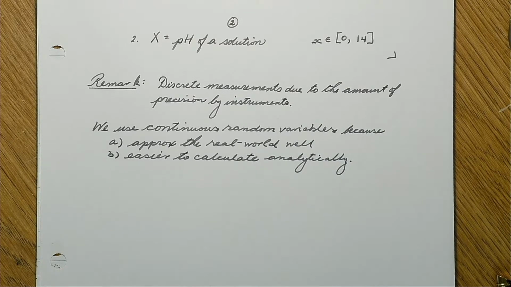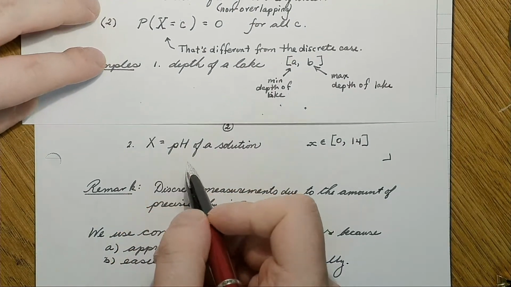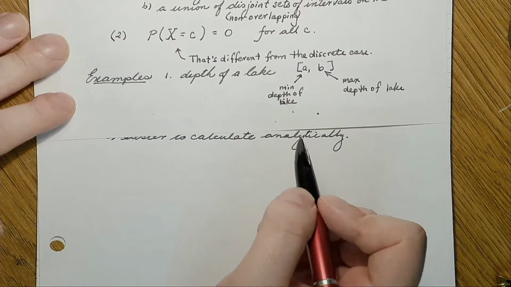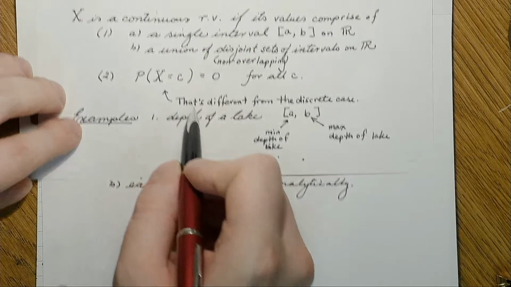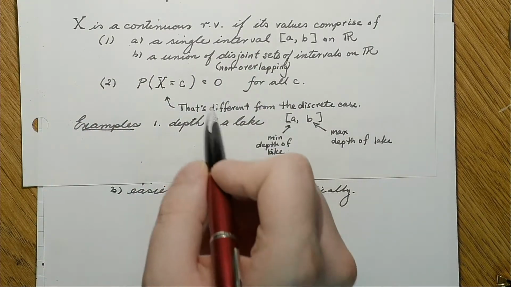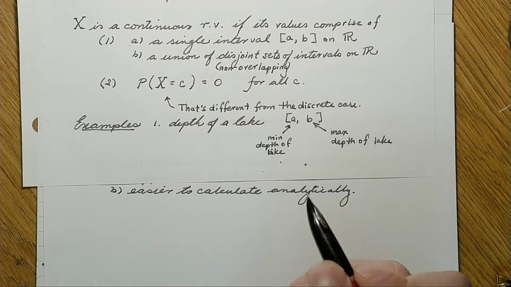Now, going back to each of these, when we think about, say, the depth of the lake or the pH of a solution, we can't say, because of condition 2 here, that X is a continuous random variable, because we can't just say what's the probability that the solution is 7.5.